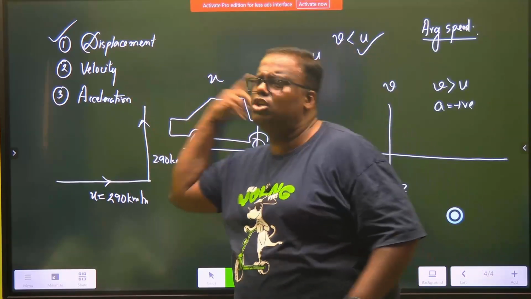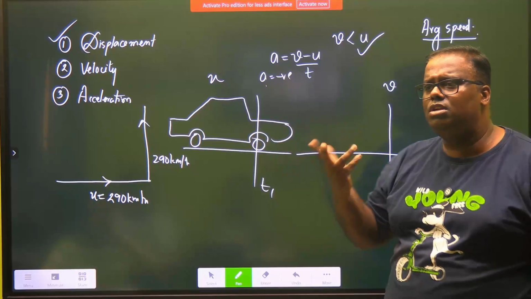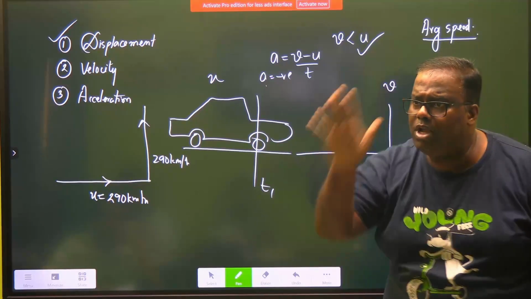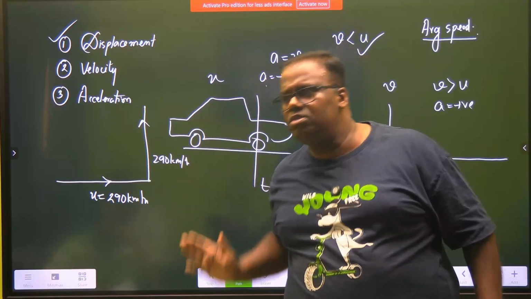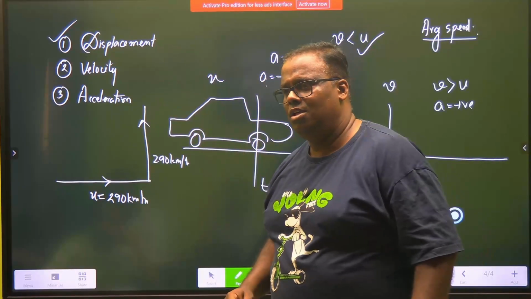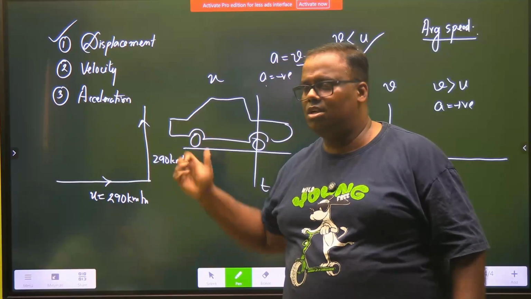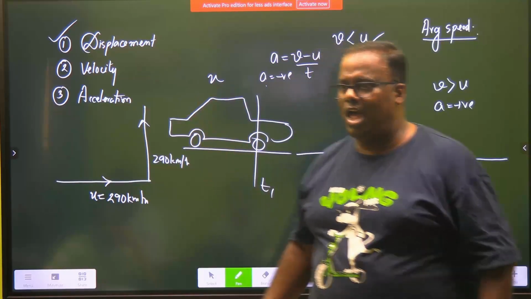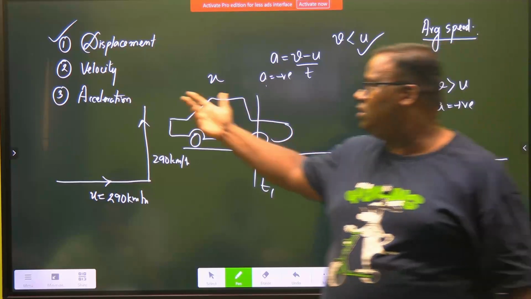Otherwise, why did this change happen? Why did its velocity suddenly reduce? You braked, there was a braking force. You accelerated, there was an engine force. Unless and until you give force, acceleration won't be born. And if acceleration is not born, velocity will not change.